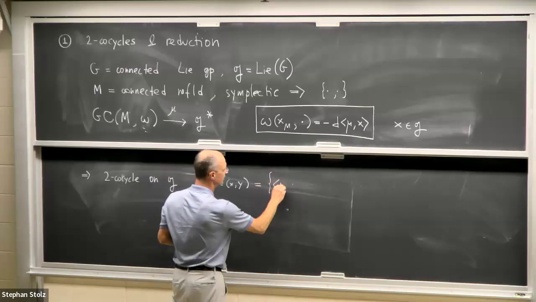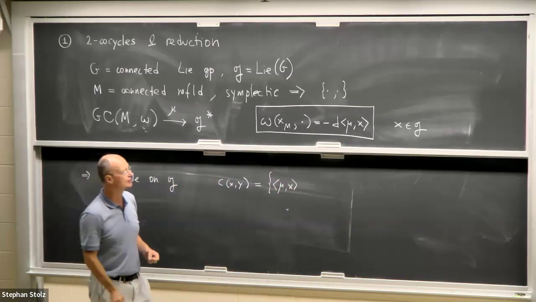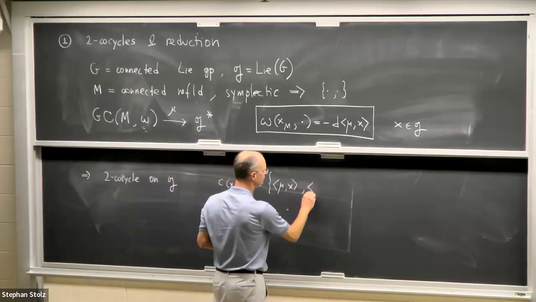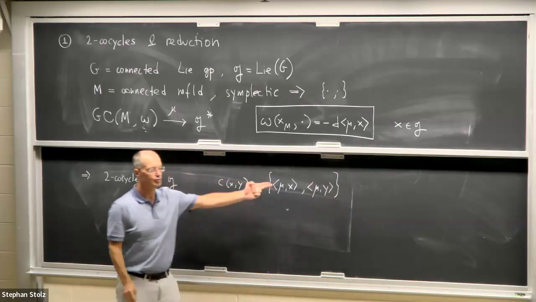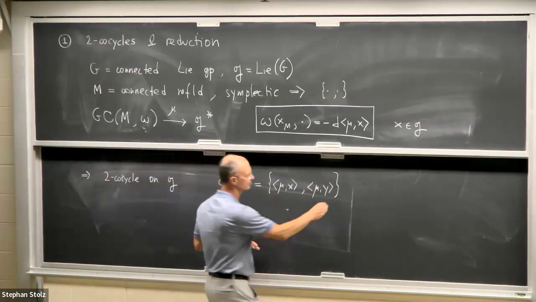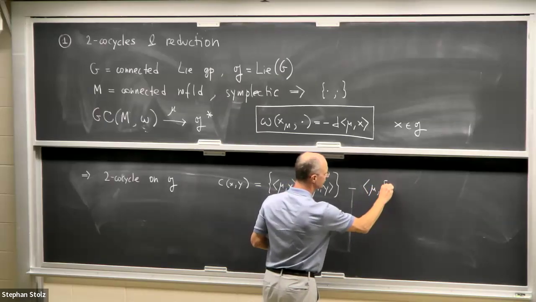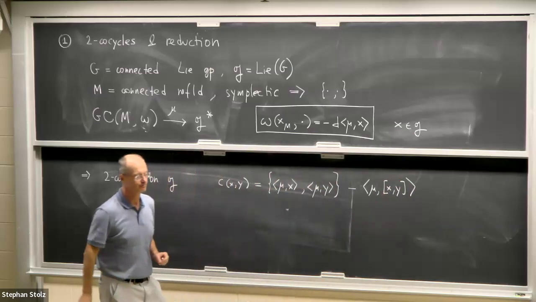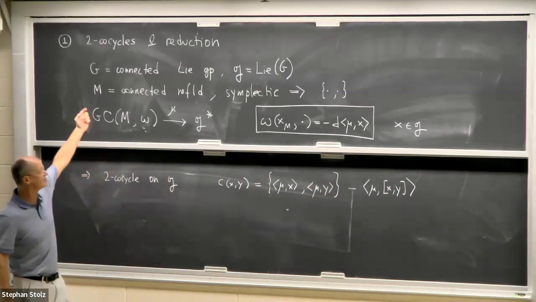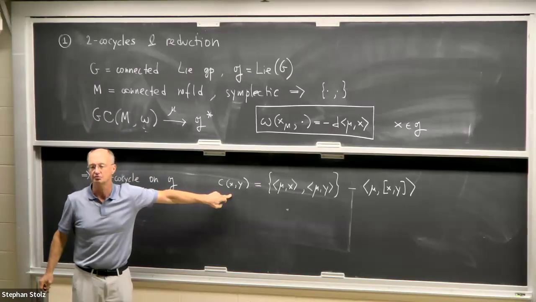Let me take a function which is a pairing of mu with x. It's a function on M, and I take a Poisson bracket with a function mu y, and I subtract from it the function which corresponds to the Lie bracket of x and y. Sometimes in definition of Hamiltonian actions, we require this thing to be zero.